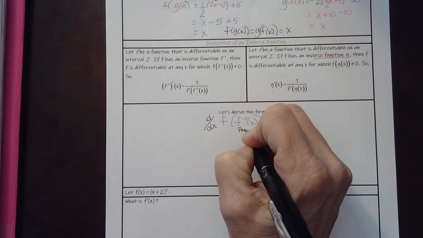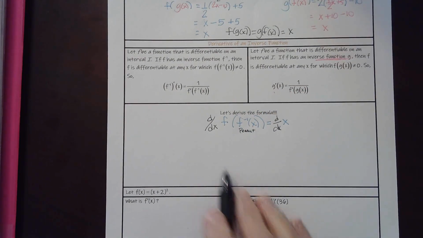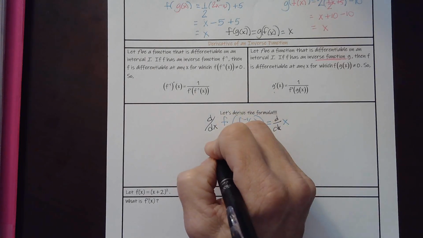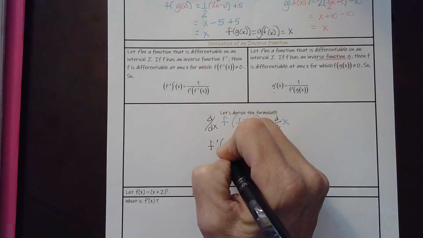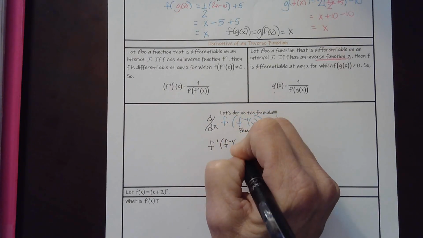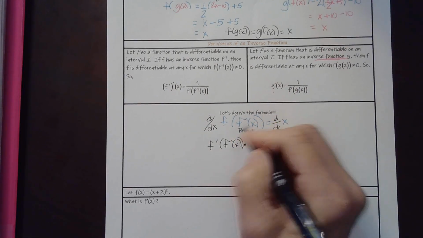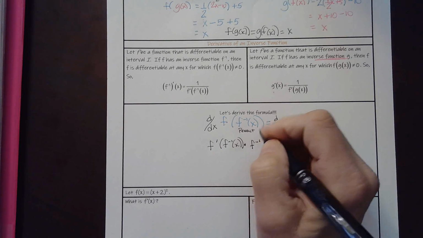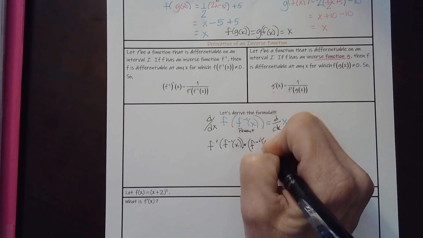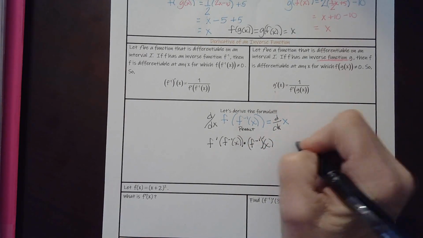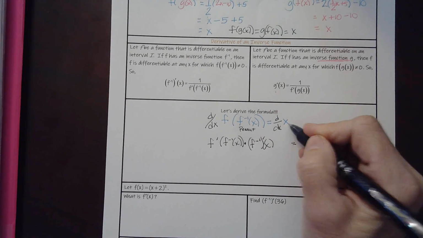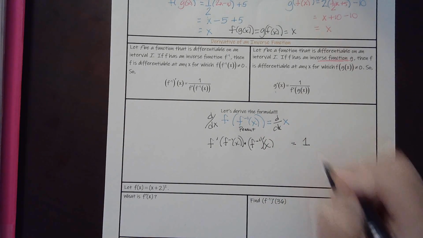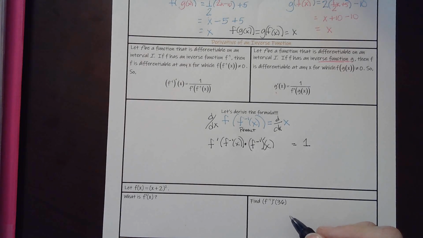This is our little peanut. So the derivative will be f prime of the peanut, f inverse of x, times the derivative of the peanut, f inverse of x. And that is going to equal the derivative of x, which is 1.